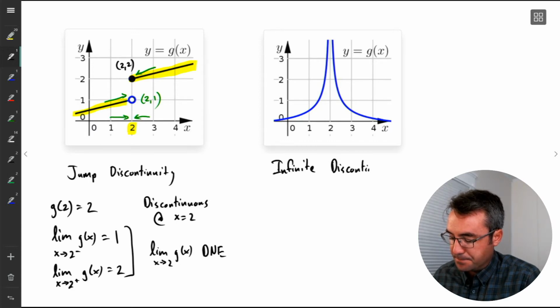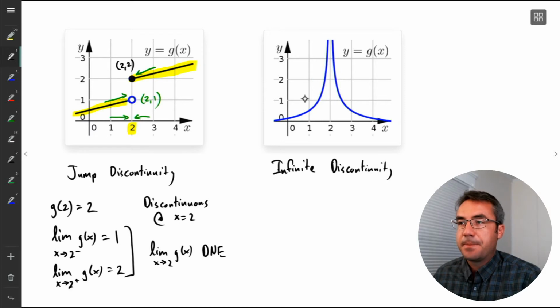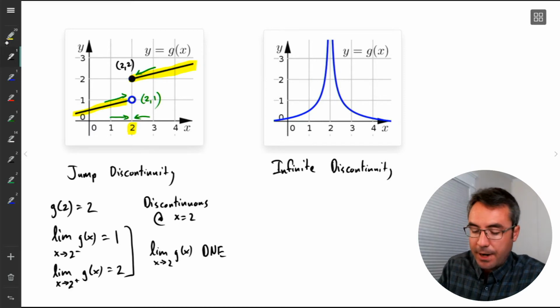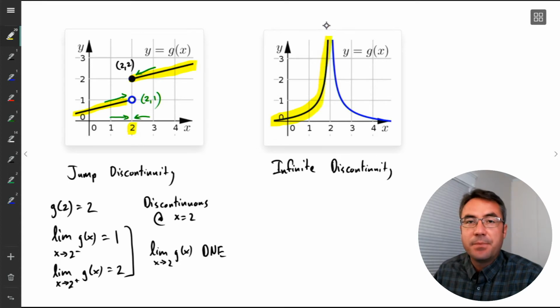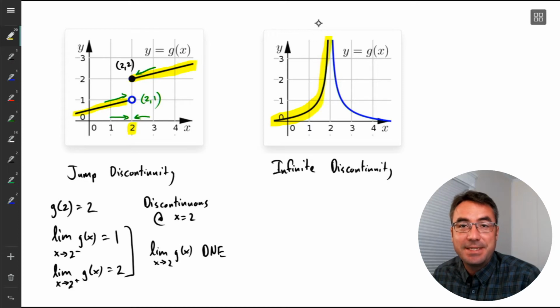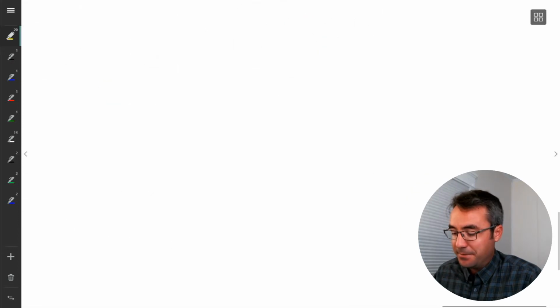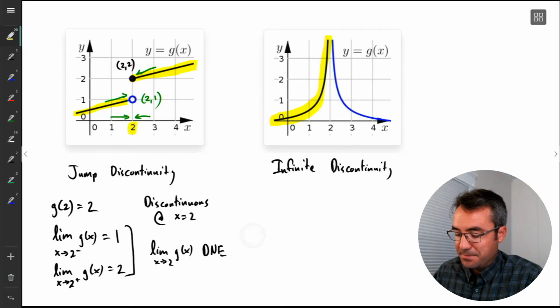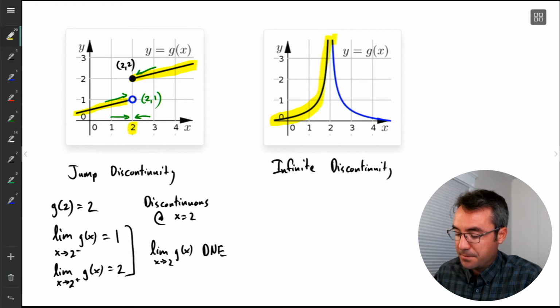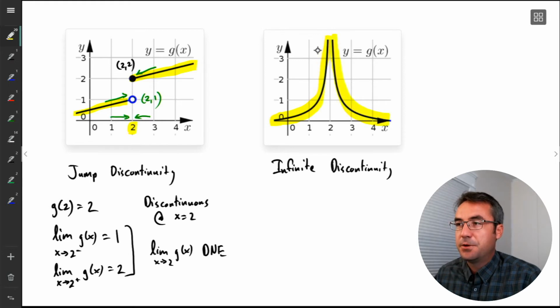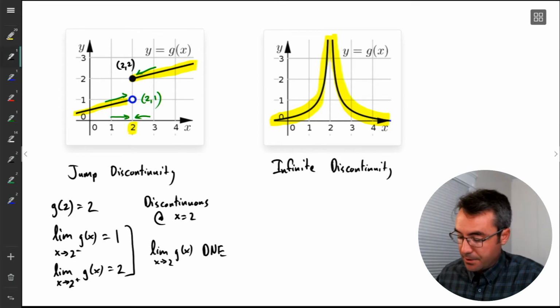What's going on is, if we try to trace over our graph, we're good over here, and then it just keeps going up and up and up, and eventually I have to take my pen off the page and jump over x equals 2 and then continue drawing. So there's this break at x equals 2. And it's because, as we'll see, there's an infinite limit.